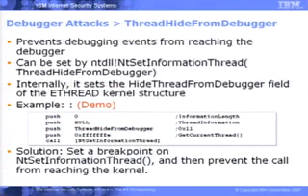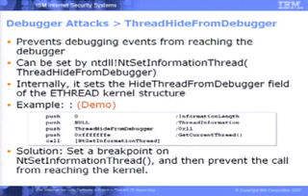This particular debugger attack tries to hide debugging events from reaching the debugger. Basically, the ETHREAD kernel structure has a field called HideThreadFromDebugger.